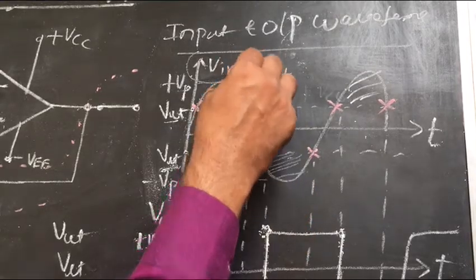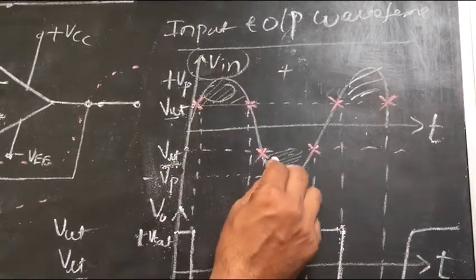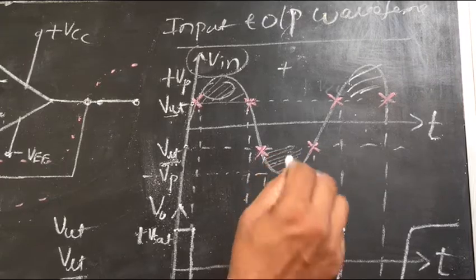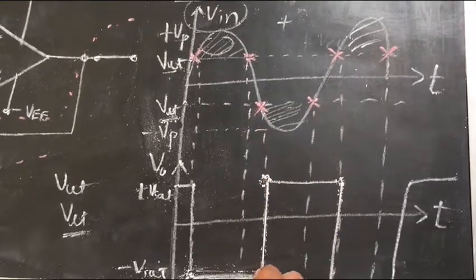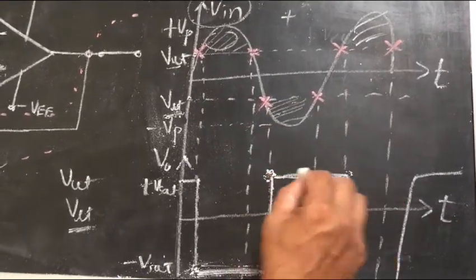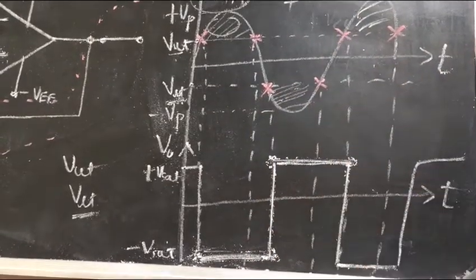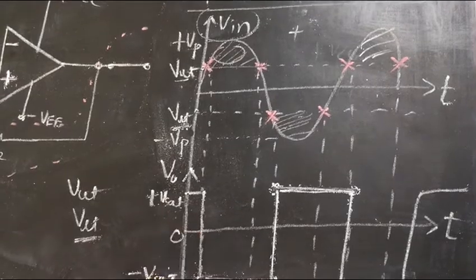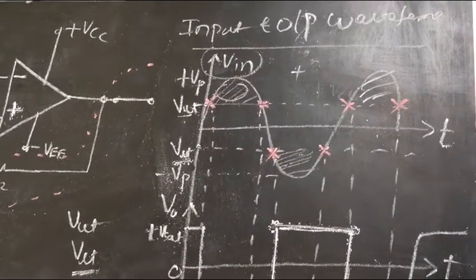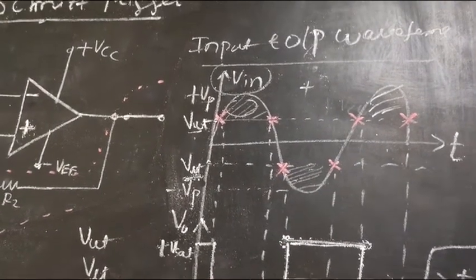As soon as Vin reaches VLT and is less than VLT, the output jumps from minus Vsat to plus Vsat, and this remains the same until the other threshold voltage is detected, and it will continue like this. So these are the input and output waveforms of the inverting Schmitt trigger.